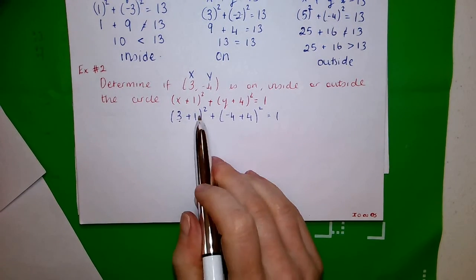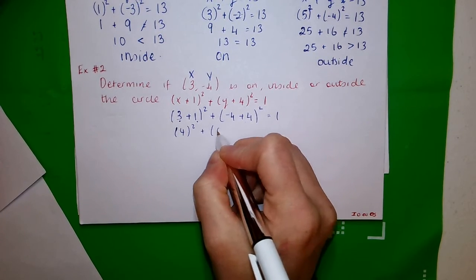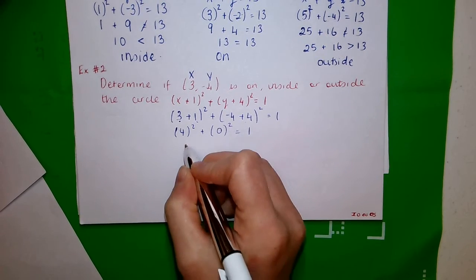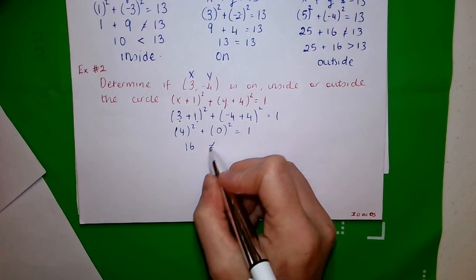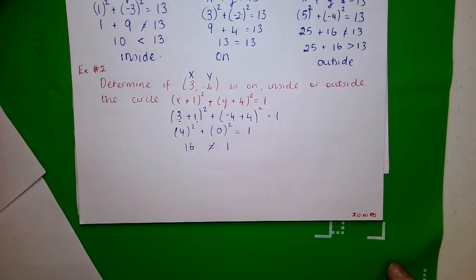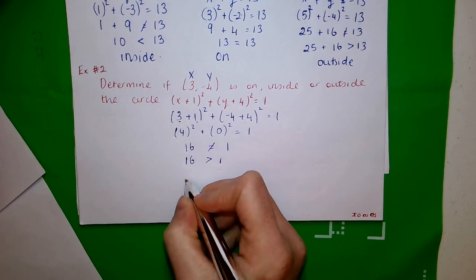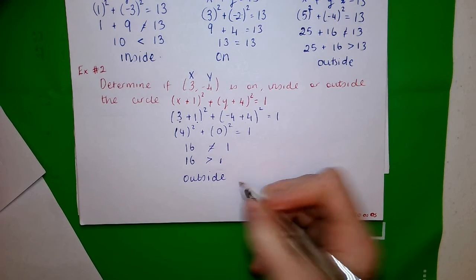Simplifying this a little bit, 3 plus 1 is 4, and -4 plus 4 is 0. 4 squared is 16, and 0 squared is 0, so we don't need to write that down. We can agree that that's not equal to 1, but it is in fact greater than 1, so we can say that that point is outside the circle because it's greater than the radius squared.